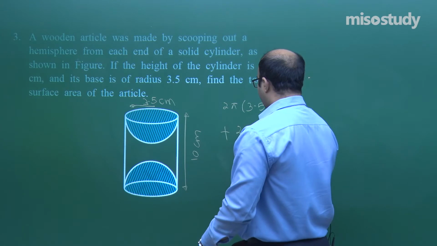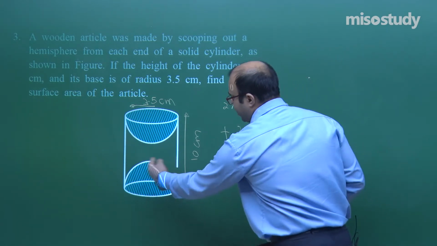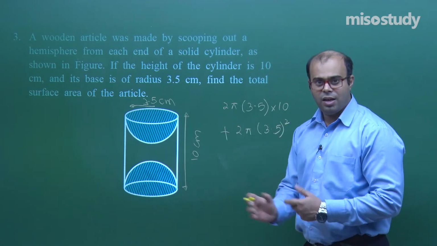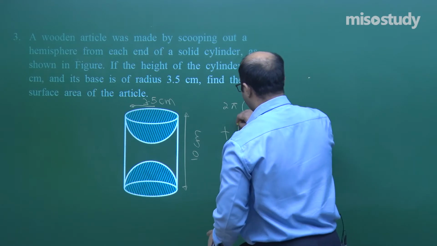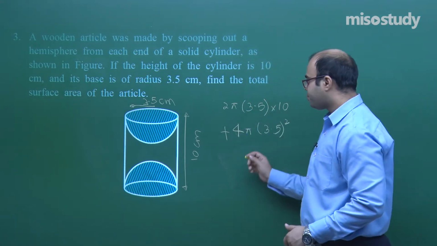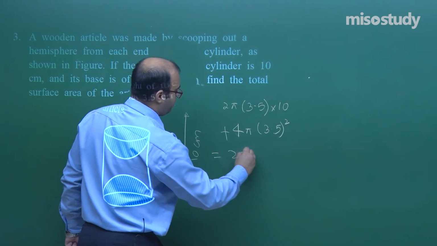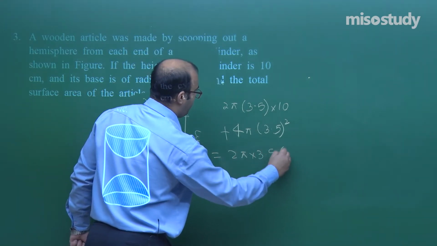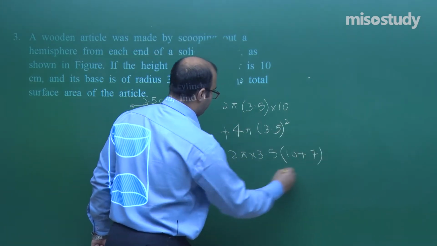If you observe, this area is also having the same area, that is also 2 pi R square. So this becomes 4 pi R square, both will add up like this. So this will be equal to 2 pi common, 3.5 is also common, 10 plus 2 into 3.5, 7. This is what we will get here.